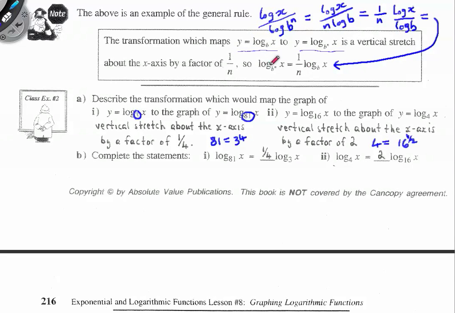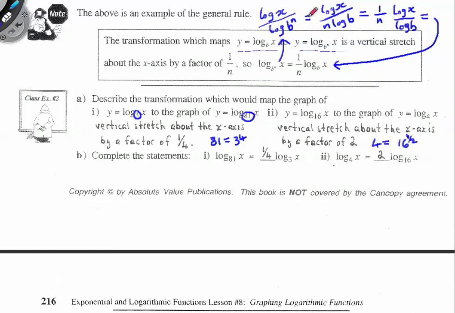How do these equations relate mathematically, algebraically? Well, if you look at this equation here, log x base b to the n, we can write that as log x divided by log of b to the n, because we have the base b to the n here.